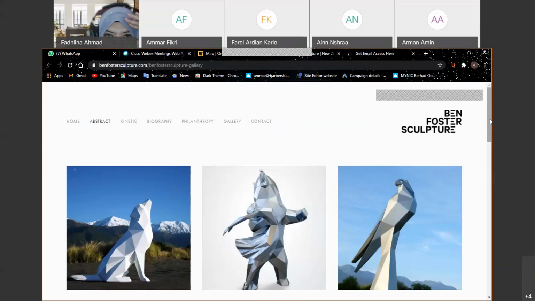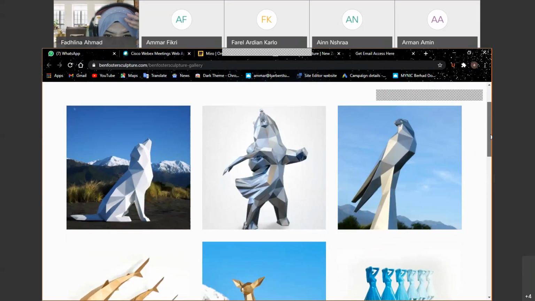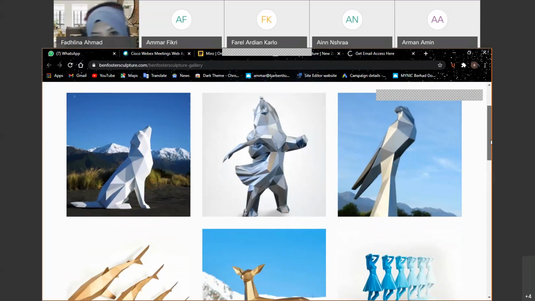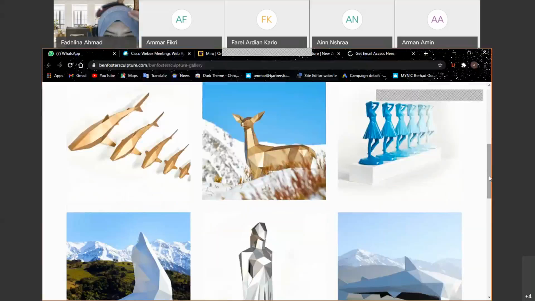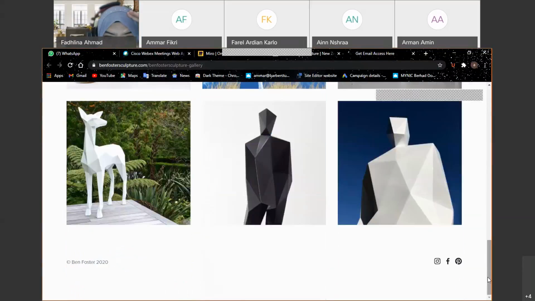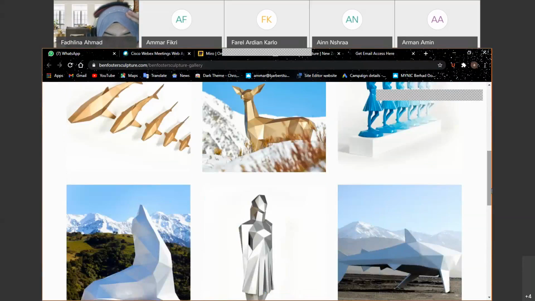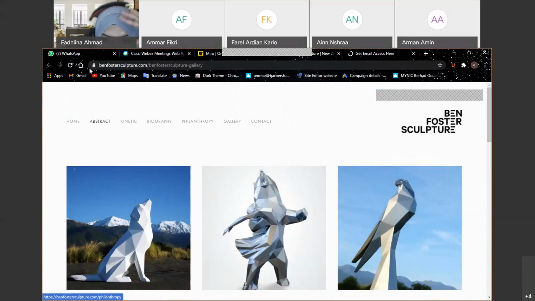There are a lot of examples of geometric animal sculpture. Ben Foster is a sculptor from New Zealand who uses metal to make the geometric or abstract sculpture.